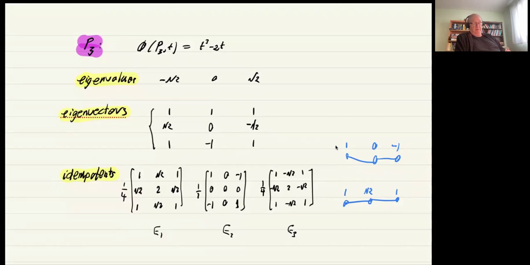The eigenvalues are simple, and so if the eigenvalue is simple, with eigenvector z_r, then the idempotent, using the normalized eigenvector z_r, is just the outer product of z_r with itself.